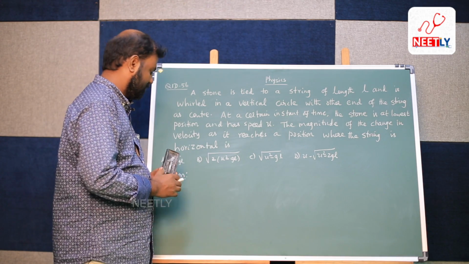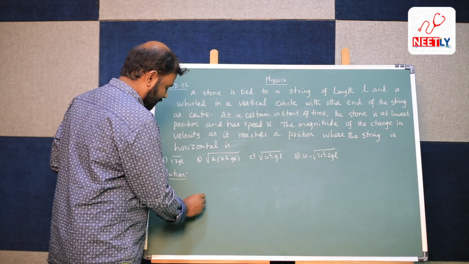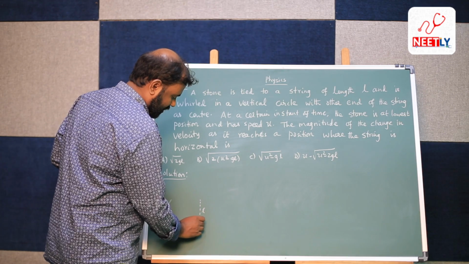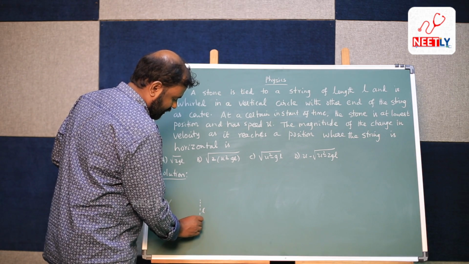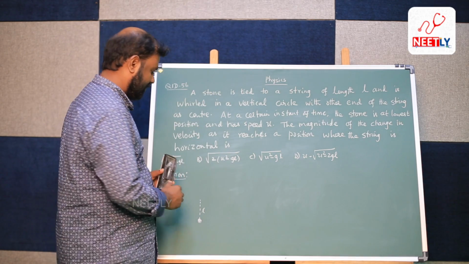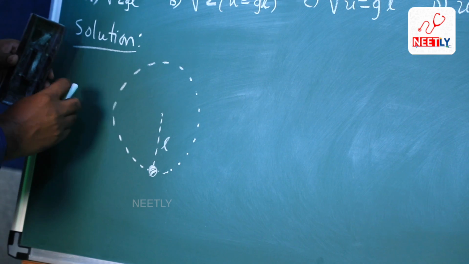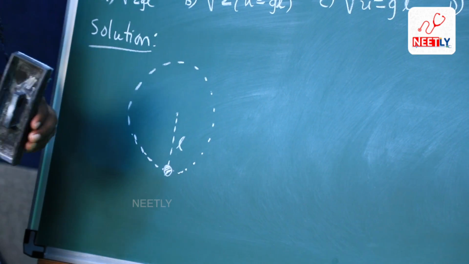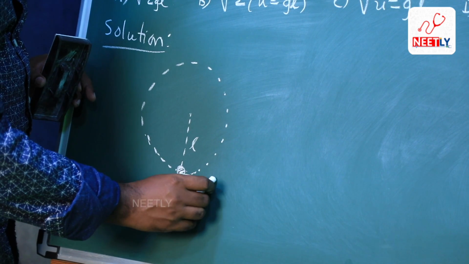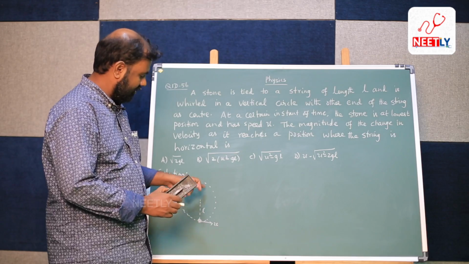So, how to solve? First let us draw the picture. We have a string of length L, and this is the lowest position. The problem says it is whirled in a vertical circle. At the lowest position, it has a speed u, and this is the vertical position.